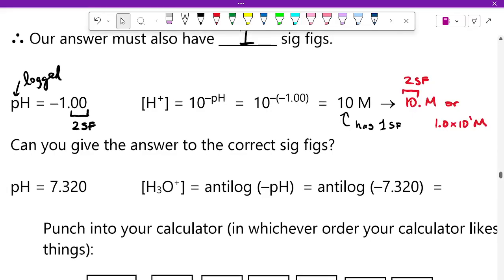And last one, and then we're done, and we're done like 10 minutes early. Look at us go. Okay, 7.320, if we take the anti-log of that, which remember is just 10 to the negative 7.320, what do we get?